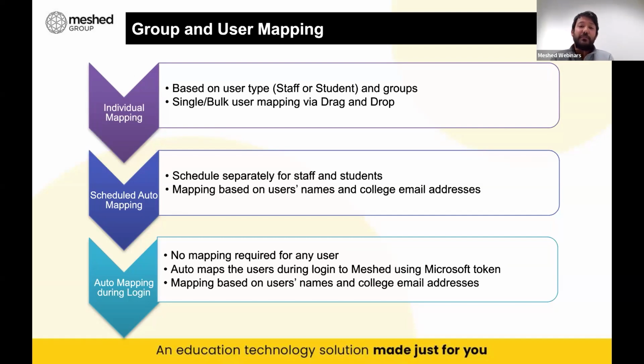When the auto mapping cycle runs in Mesh system, it will look for the matching information between two platforms. It will look for the username or the first name, last name information in Mesh, and it also checks the same details in Microsoft. If the matching account is found, then the system auto maps the users, so that all the SSO experience going forward will be implemented for those existing users as well.